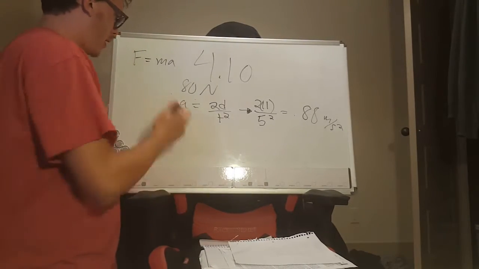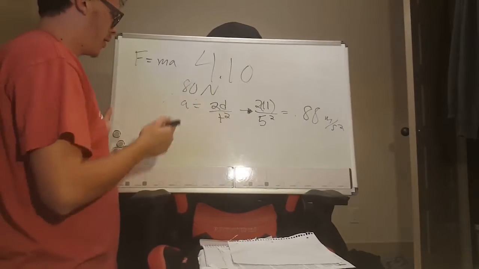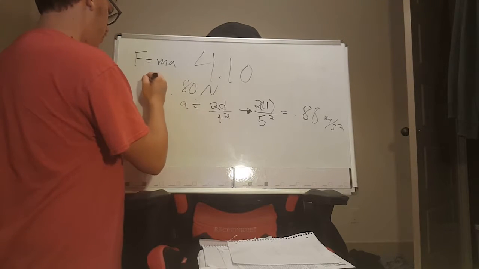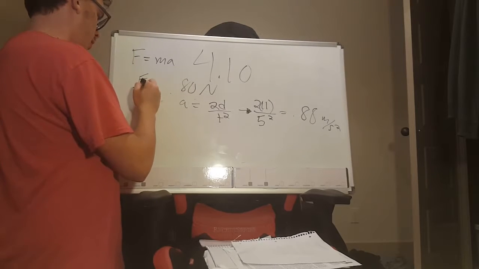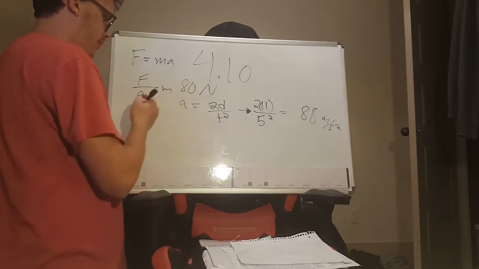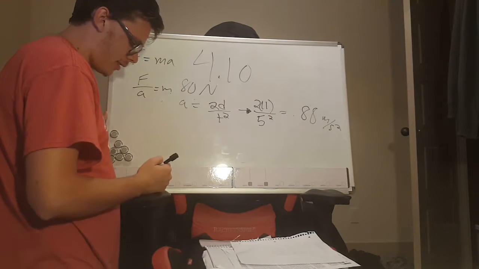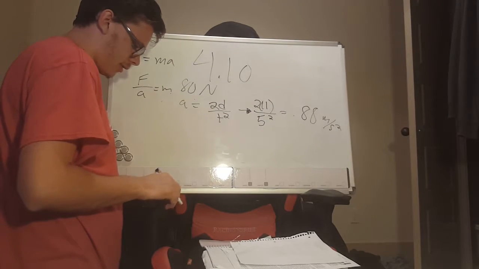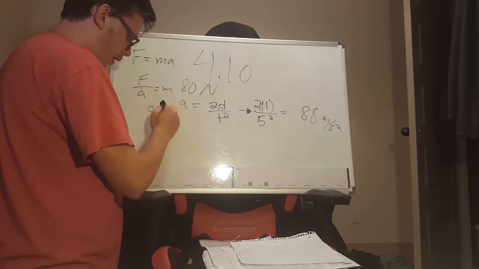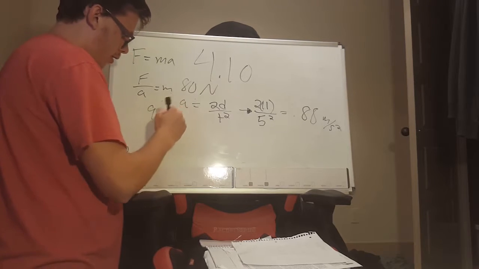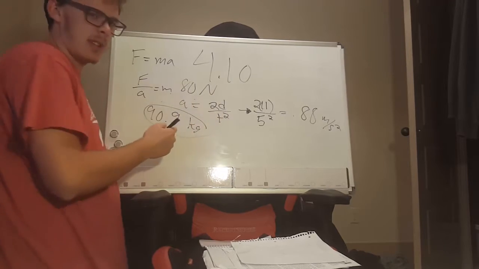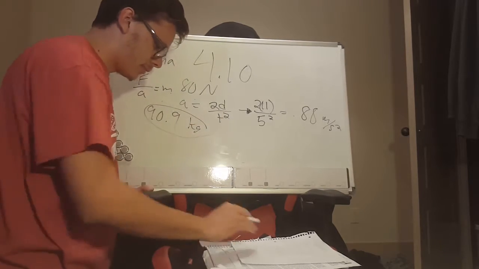So once we get that, we're just going to use it to find the mass, which is F over a equals m. If you do 80 divided by 0.88, you will get 90.9. So that's the answer for part A.